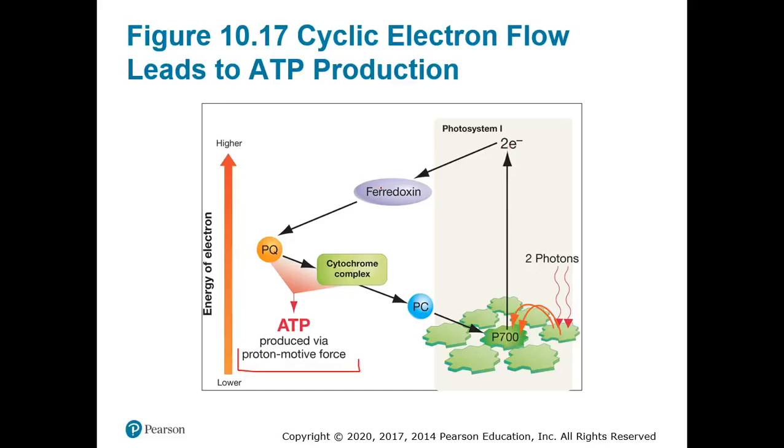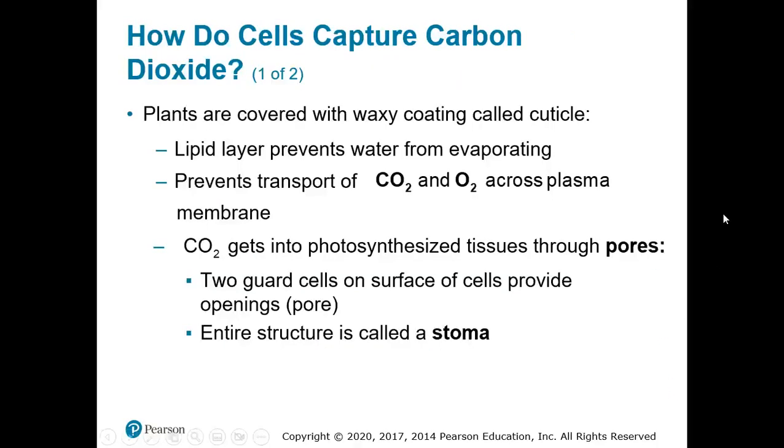Okay, our electrons get given to ferredoxin, but instead of becoming NADPH, they get given back to PQ, which takes it back to that game of hot potato, makes more ATP. Then that empty spent electron gets given to PC, who donates it back to that reaction center. So this whole process can start all over again. So this is our cyclic flow.